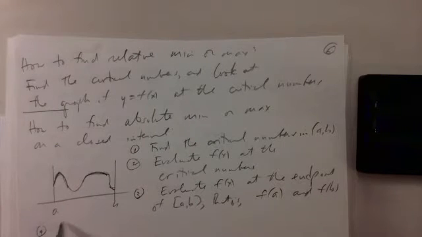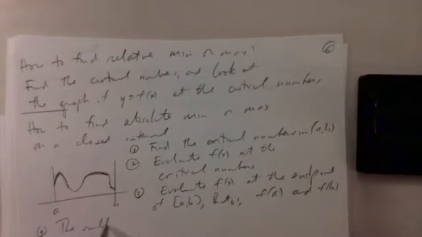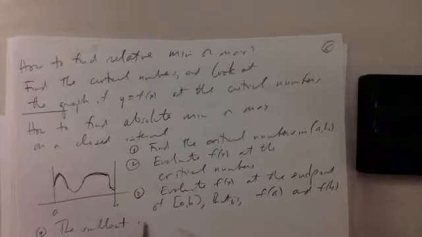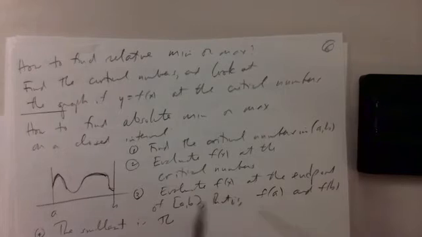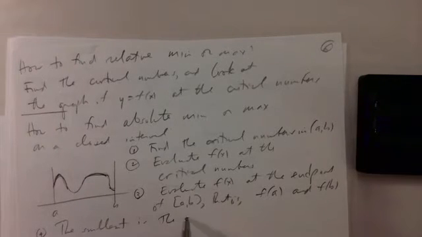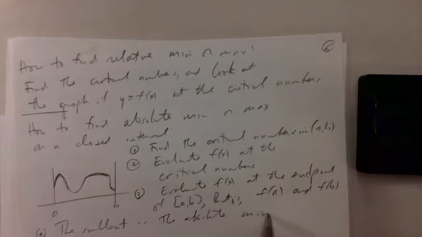And then we're done. The smallest number you get by evaluating f at the critical numbers and the endpoints, the smallest is the absolute minimum.